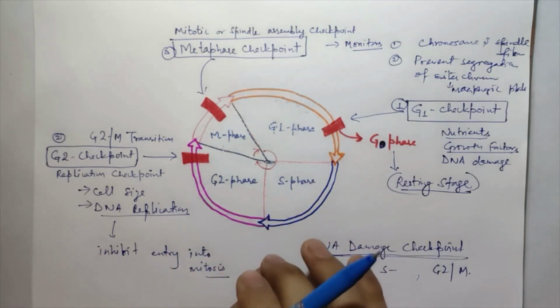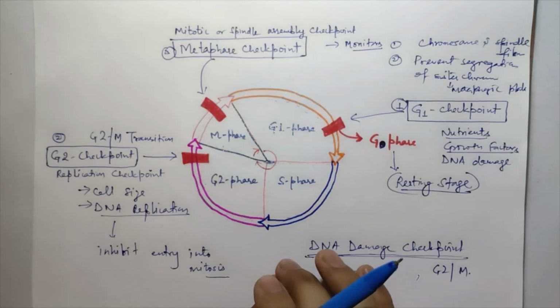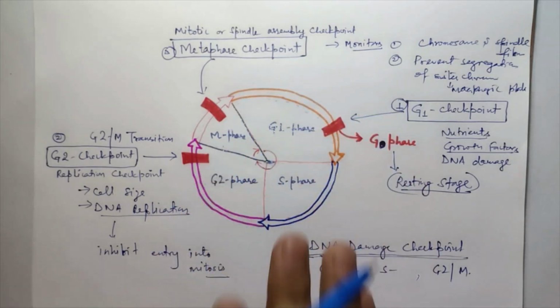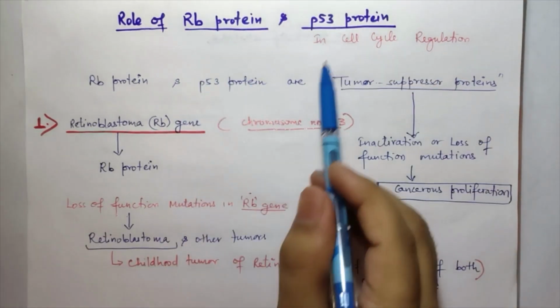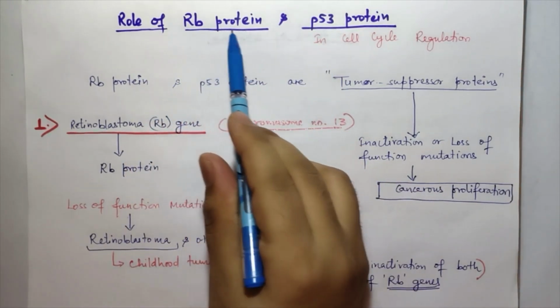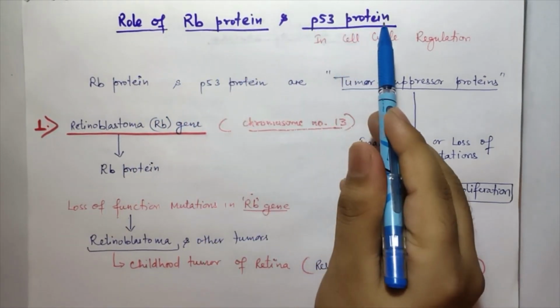So it is in fact the metabolically most active phase of the cell cycle, and not a resting phase. Now, the role of retinoblastoma protein, RB protein, and P53 protein.